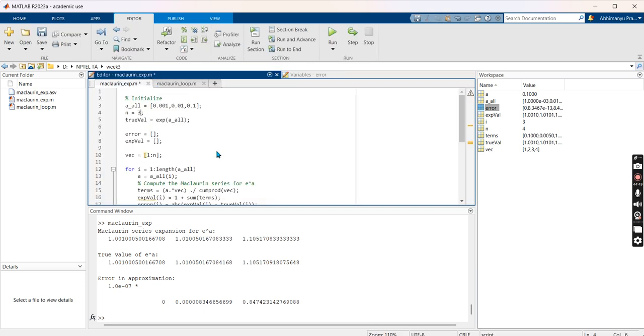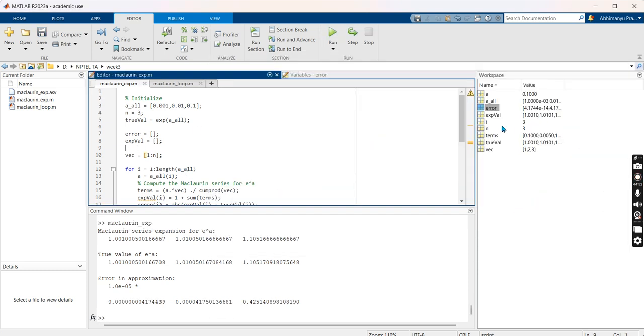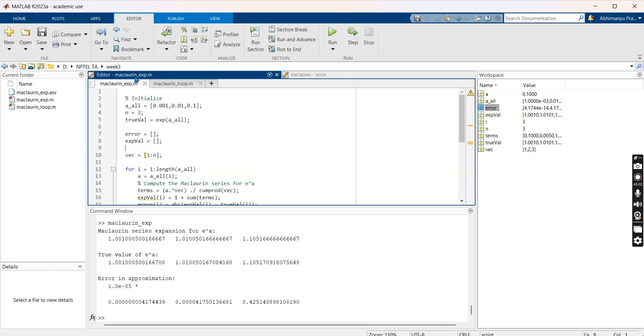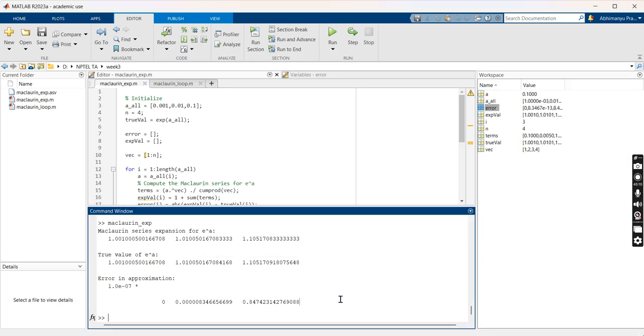Okay, for n is equal to 3, this is fine. I'm only getting 2 points.